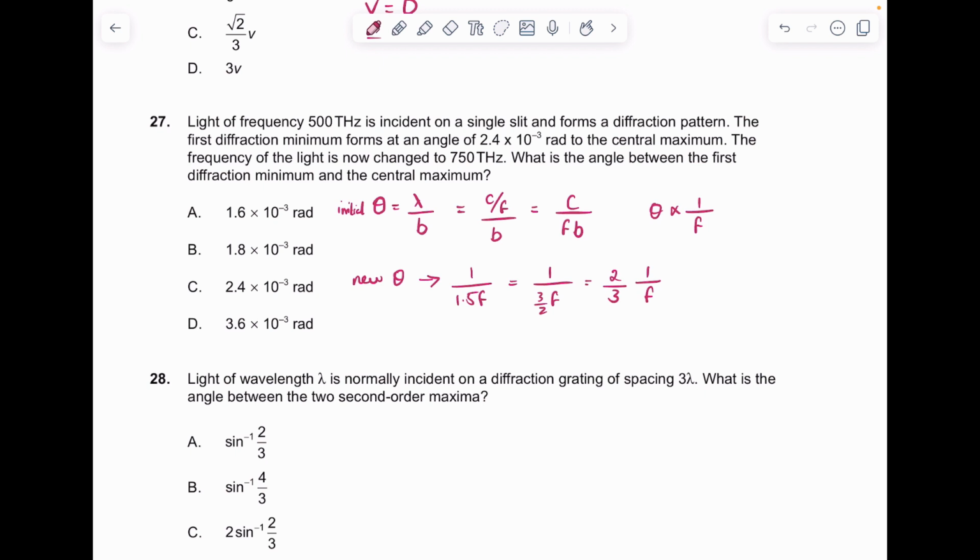So we're dealing with a 2 over 3 change to our original expression of 1 over f. So our new theta is going to be our original theta times 2/3. So it's 2/3 times 2.4 times 10 to the minus 3, which gives us 1.6 times 10 to the minus 3 radians.